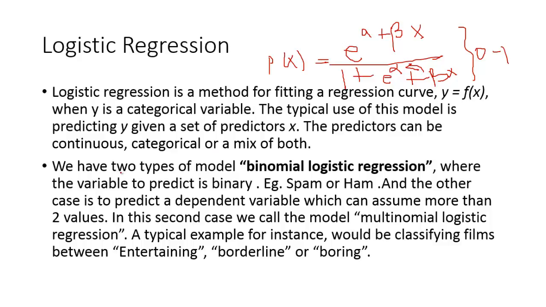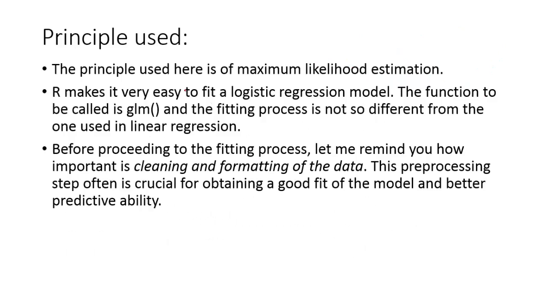So we have two types of models: binomial logistic regression, and another is multinomial logistic regression. We have an example of binomial, like spam or ham, which we have seen earlier. A typical example for multinomial logistic is when we have to classify films as entertaining, borderline, or boring. So this is a typical overview of the logistic regression model.